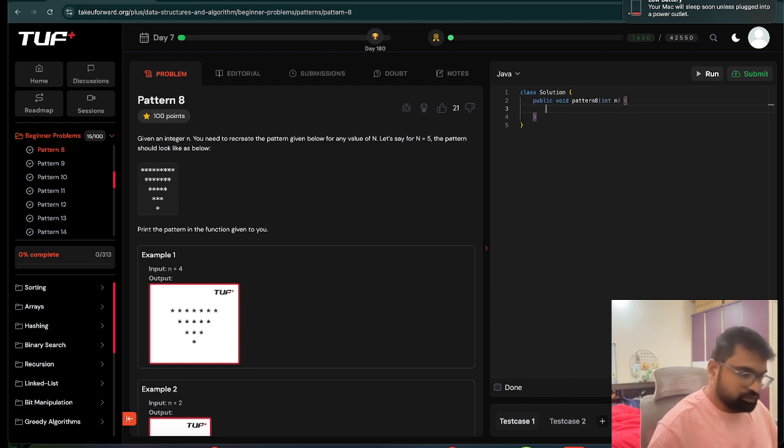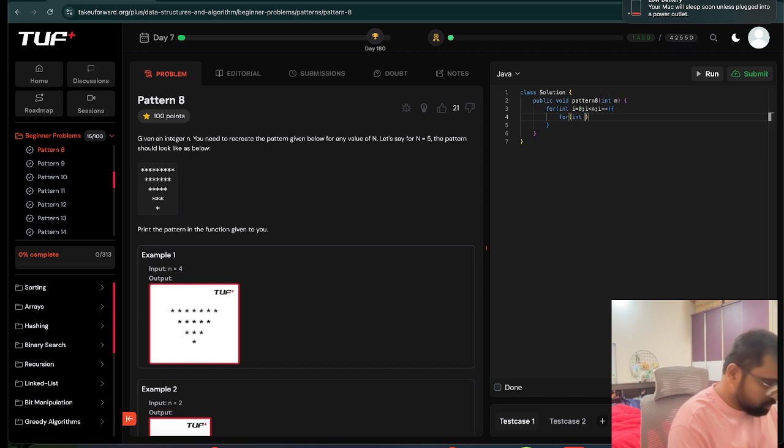First, we will write the for loop for the rows: i equal to 0, i less than n, i plus plus. Then inside that we will write the for loop for our spaces.